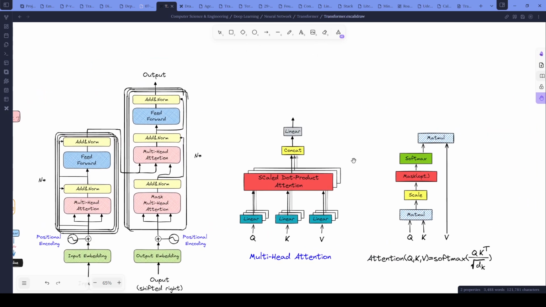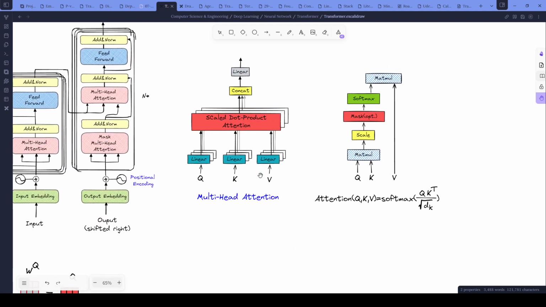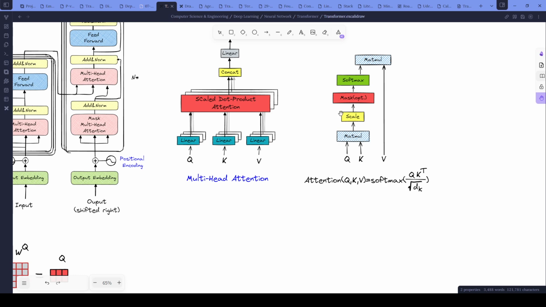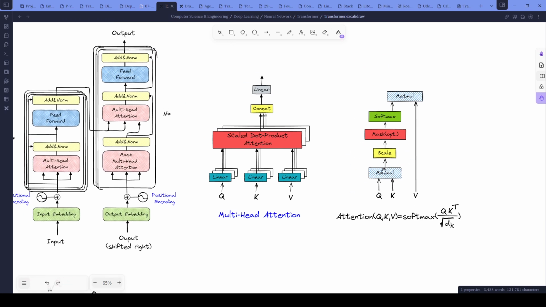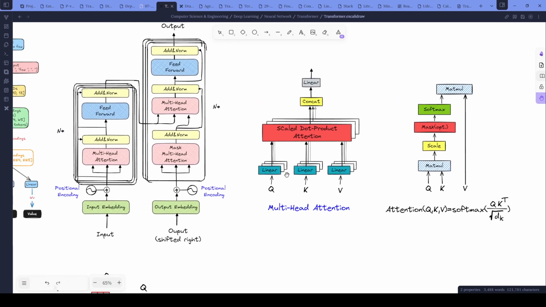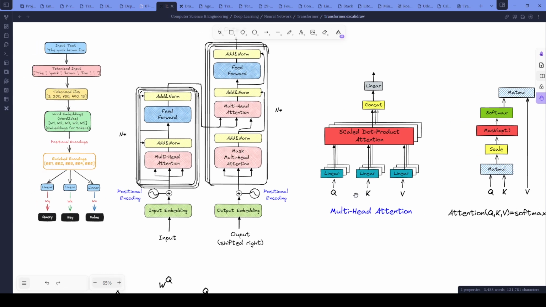After this process of the attention block, the outputs of each head are concatenated, and they are normalized using some linear normalization.